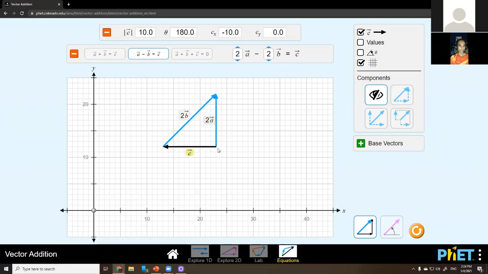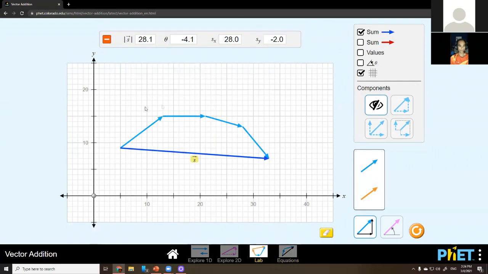Because the equation has B negative, it is flipped. If B is not flipped, the head of B will be at this point and the tail will be here. As we learned before, to add up the vectors, it must be head to tail, head to tail.